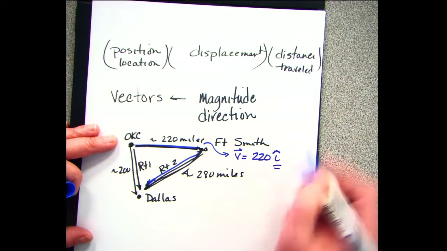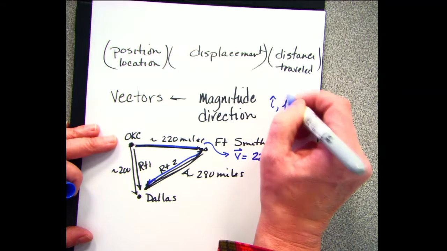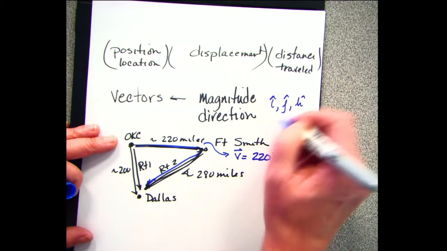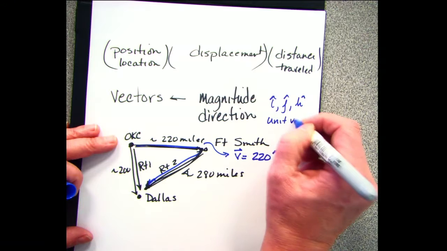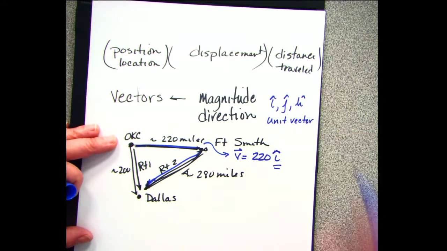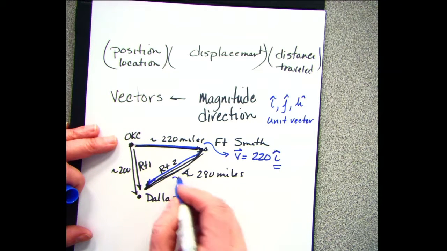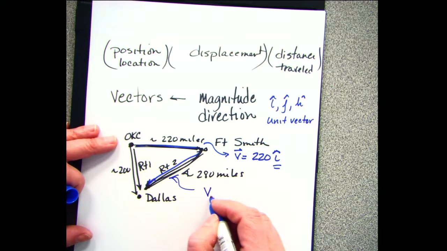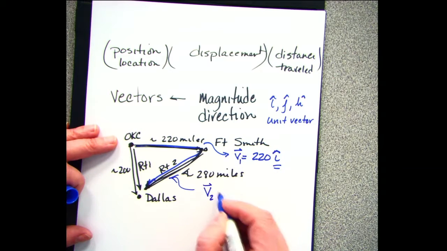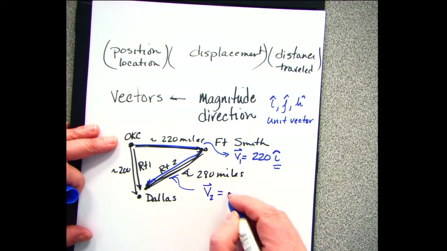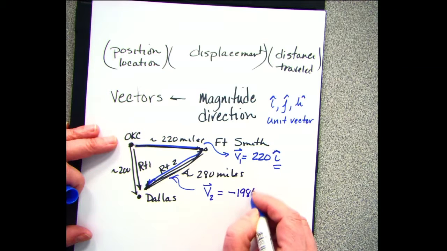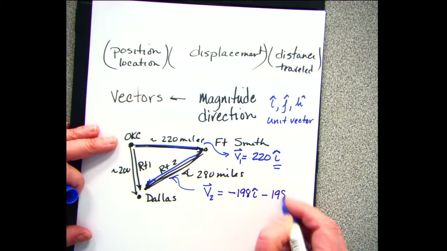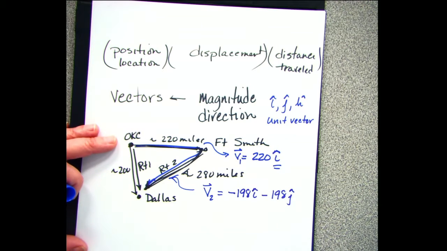Remember, i hat, j hat, k hat are all unit vectors, meaning they have a magnitude of 1, and they're in the x, y, and z direction. Now this vector, so that's vector 1, not vector 2. It works out to be about a negative 198 in the i direction and a negative 198 in the j direction, for grins and giggles, as the crow flies.